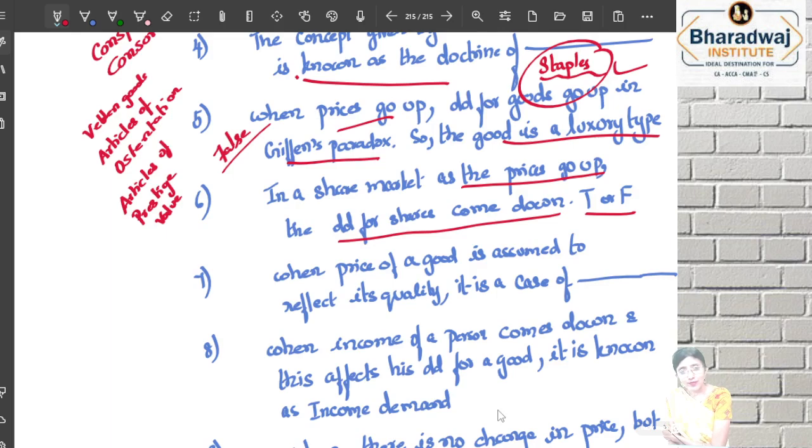Is that the law of demand? No. What does the law of demand tell you? Price and quantity are related to. Look at my question, then we will go to this. This is an empirical example based question.